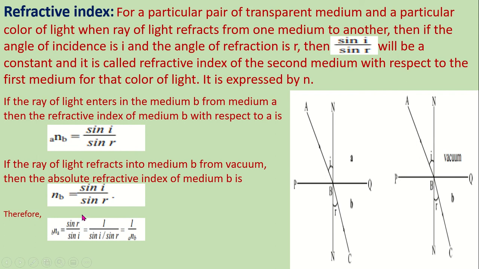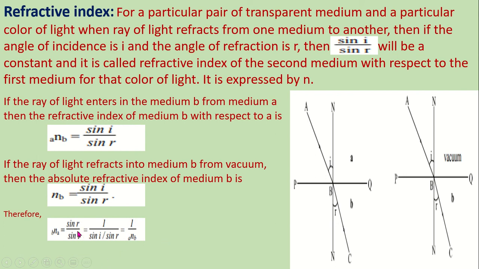That means here it is sin i by sin r, but here it will be sin r by sin i. So bNa equals 1 by aNb.